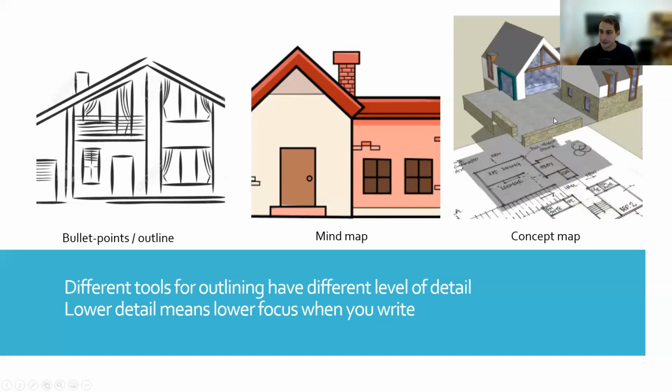But then there are concept maps, which you can imagine in this analogy like this: it can give you not only this vague idea that, okay, I want to write about the roof and the doors and the windows, but in a concept map, you can actually create a more exact plan of the topics and the ideas that you want to write about.